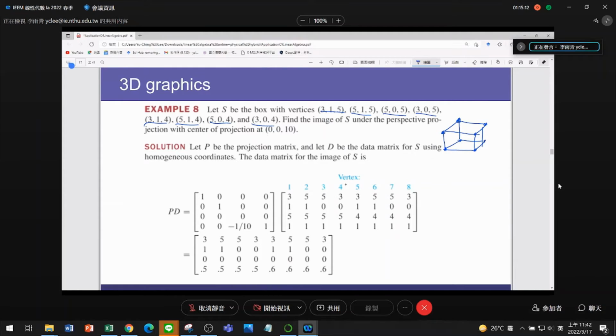So this is 3D graphics. And the question asks us to find the image of such a box S. S is this box, under the perspective projection with center of projection at this point. So we know that now we need to put things in homogeneous coordinates.